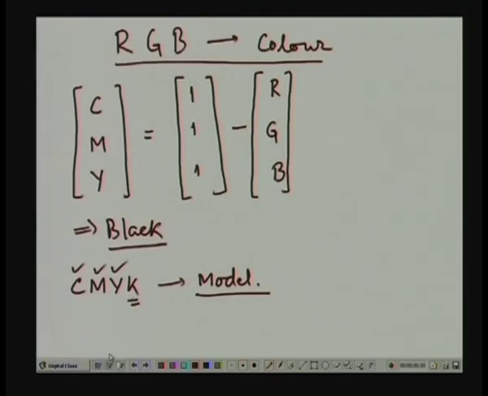Now, the next color model that we will consider is the HSI color model, that is, the hue, saturation and intensity model. As we mentioned in our last class, both RGB and CMY or CMYK are actually hardware oriented.